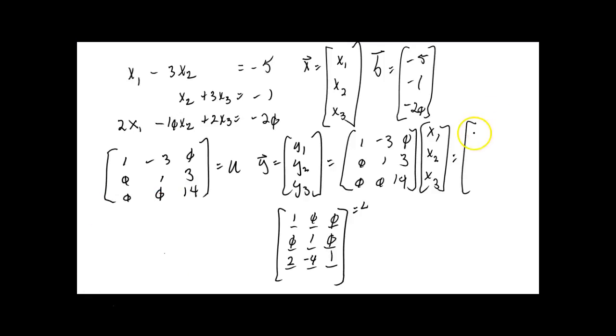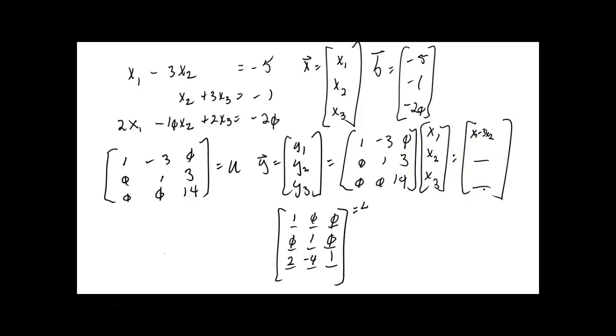The first entry is x1 minus 3x2. Okay. No, yeah, I'm sorry. It's a 3 by 1. 3 by 3 times 3 by 1 is a 3 by 1. Okay, sorry.